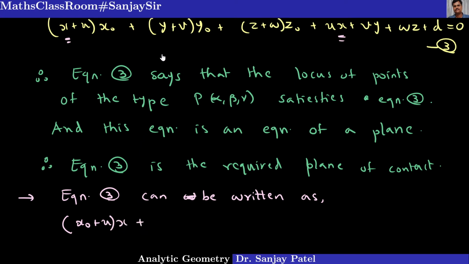Collecting terms containing y, we get (y0 plus v) into y.